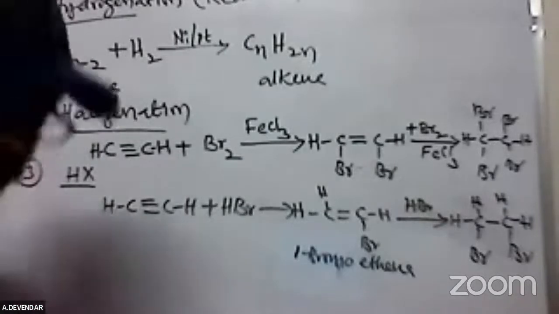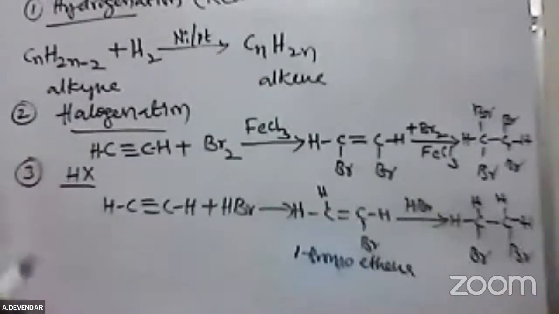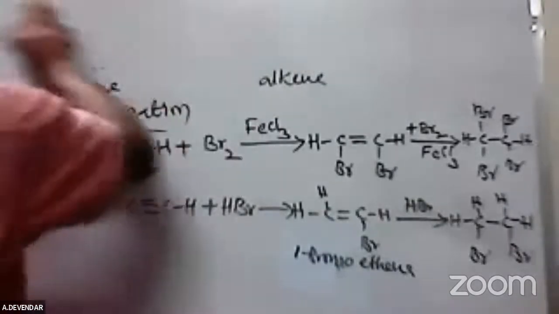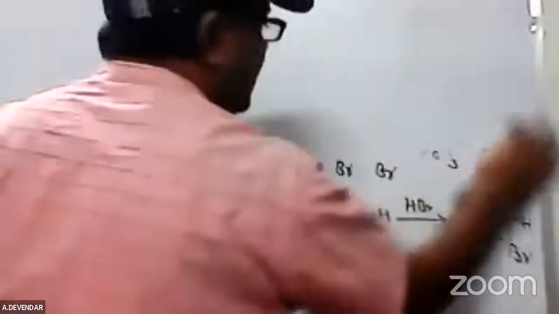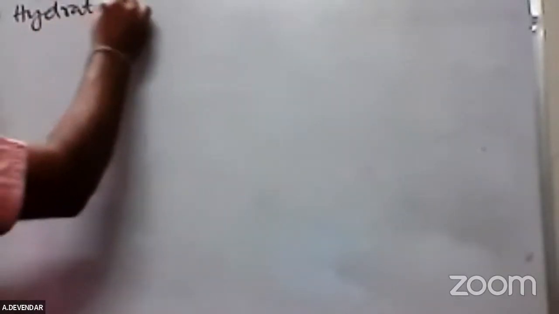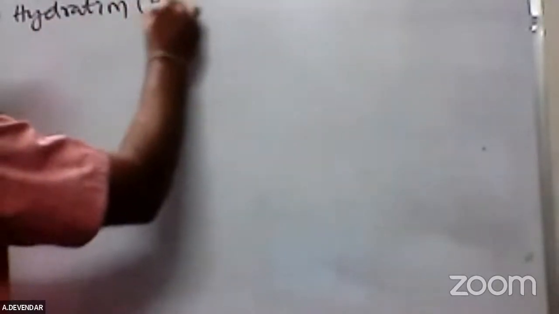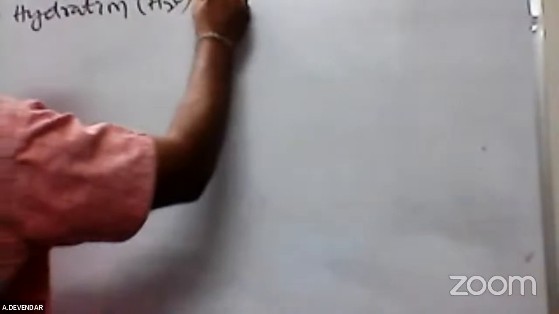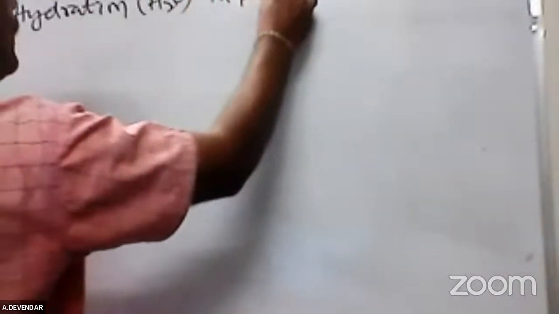Apart from the three, one more property is very, very specially asked, that is called hydration. What is hydration? Hydration means adding of water. The fourth property means hydration. Here, the presence of the reagent is very, very important.